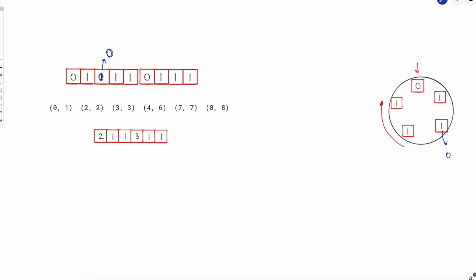Previously you had a smaller group, which is this and this, but now as it changed to 0, you have a bigger group which composes all of these 4 elements, right? In simple terms, this was your grouping previously: 0 to 1, 2 to 2, 3 to 3, 4 to 6, 7 to 8, 7 to 7, and 8 to 8. After this change, these 3 will be merged into one simple group, 0 to 3, and everything else would remain the same.